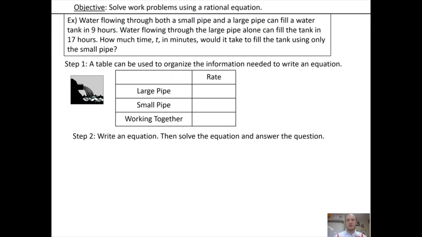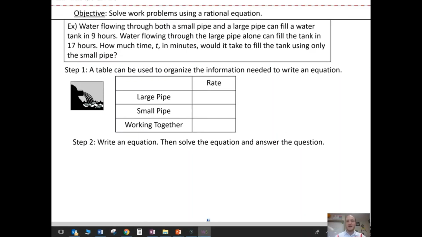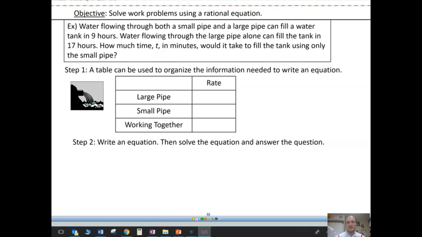They give us some information, and it's important to highlight the key information. Note that it says water's flowing through both a small pipe and a large pipe, and it can fill it in 9 hours.